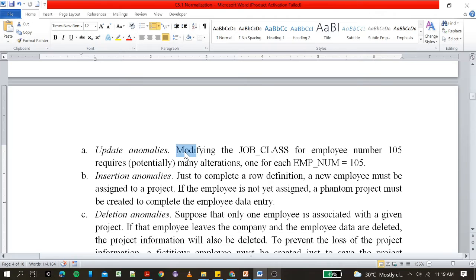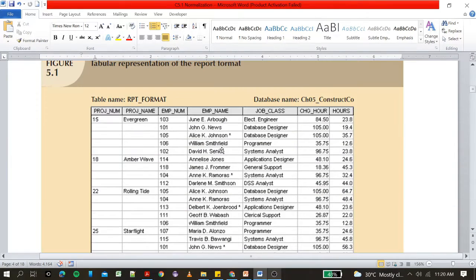We have modifying the job class for employee number 105 requires potentially many alterations. One per each employee number 105. Di ba? So, si 105 ay si Alice K. Johnson.